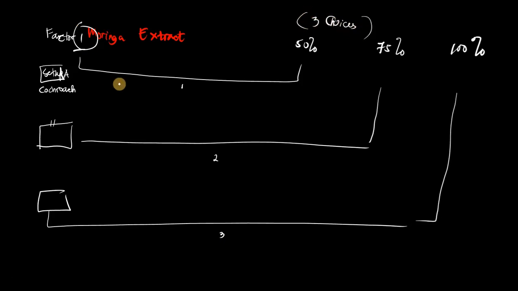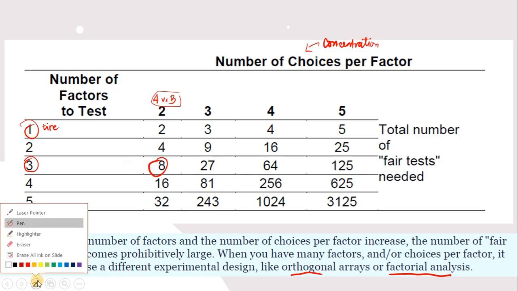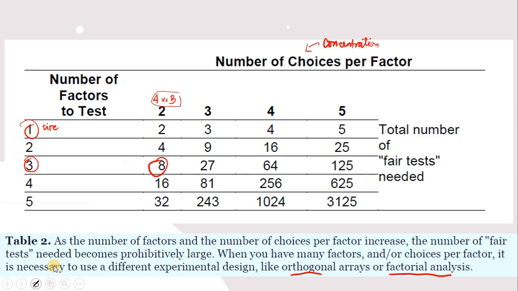Pero kung duha mo factor, like extract nimo kay lain plus another pa jud na extract nga separate siya nga extract. So muna nga gamiton to ni mga table here. So katong atong ibuhat na example kanina kay unsa man to? 1 factor, 3 choices. So kani 3 experiments, 3 fair tests, controlled experiments that you need to do.